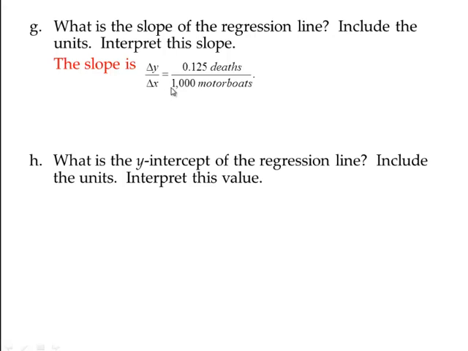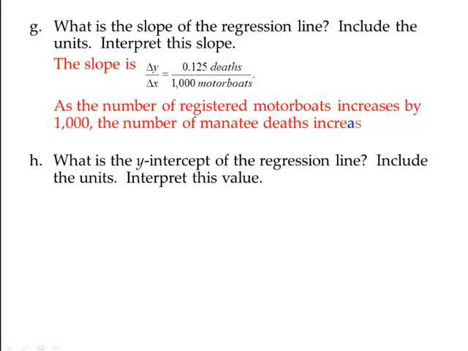So the change in x is 1 unit, which the units in this case is 1,000 motorbolts. To interpret this slope, we would say, as the number of registered motorbolts increases by 1,000, the number of manatee deaths increases by 0.125 deaths.